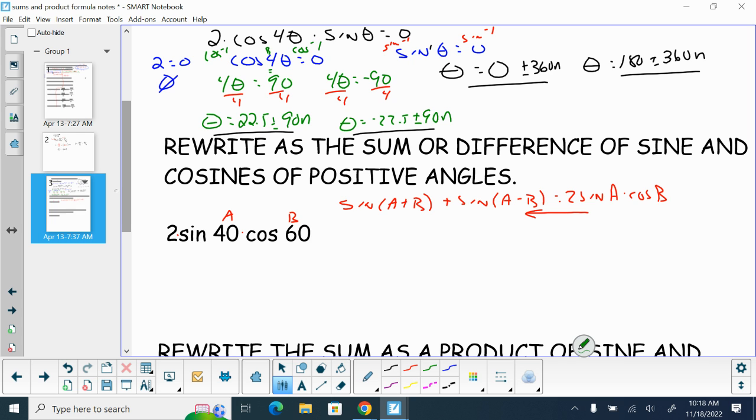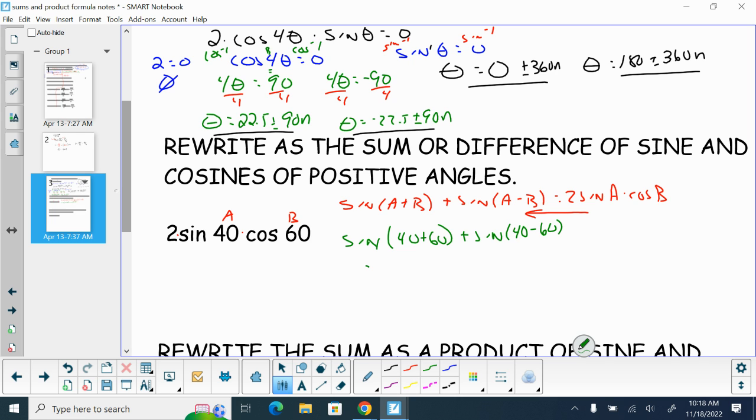So we have the sine of A plus B, and the sine of A minus B. Just throw in your A and B. We have sine of 40 plus 60, sine of 40 minus 60.